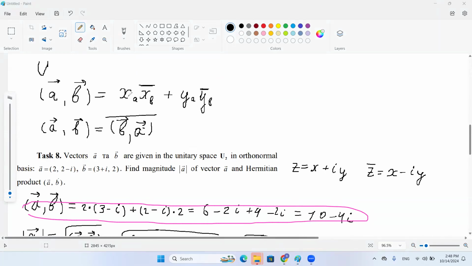According to the formula, XA is multiplied by the conjugate of XB. So we have 2 multiplied by 3 minus I. XA remains without changes, and the same with Y. So YA, 2 minus I, remains without changes, multiplied by 2, nothing changes because 2 has no imaginary part. So now, do you understand it? Yes. Okay, more questions?